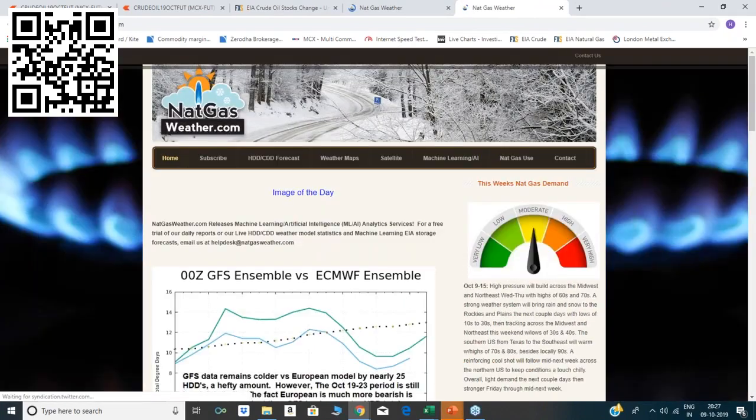See, this is the website where we can look into weather. You can go for any other website also, but this gives us a clear idea about the demand of natural gas this week according to the weather. All of you can see this. Don't worry, I'll provide you the link for the same.